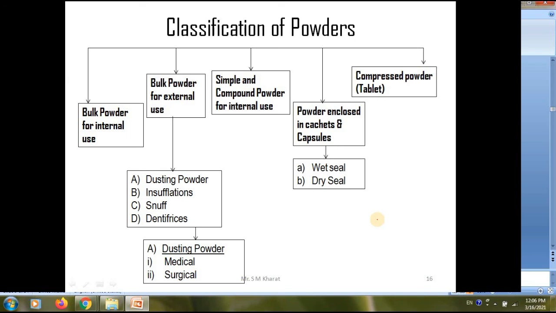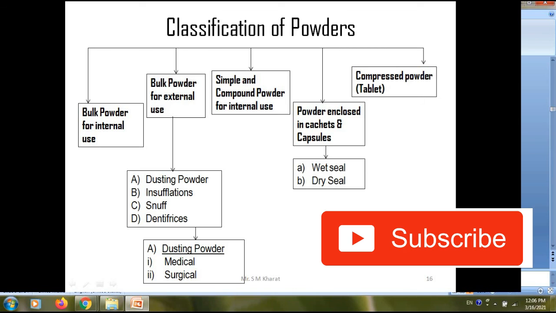This is for 10 marks, and you have to classify accordingly. So take a screenshot of this so that you are able to classify. Once you remember this flow chart, you can explain much better while answering your question. I will go into detail on the classification of powder.